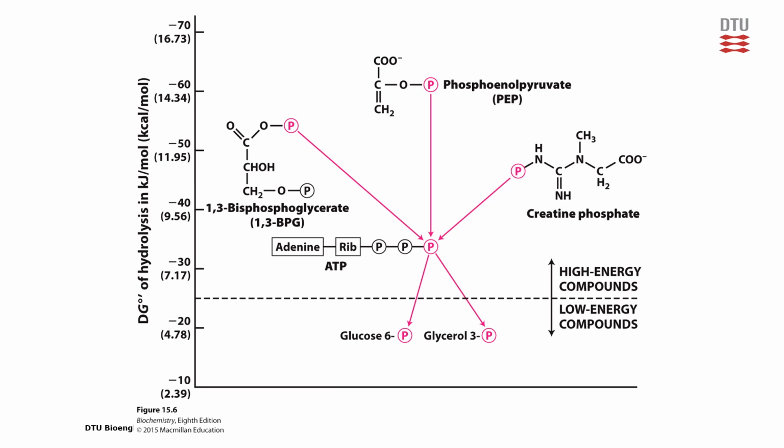Another molecule that we also talk about is phosphoenolpyruvate, and hydrolysis of that from the -60 into pyruvate gives us the ability to do a substrate level phosphorylation of ADP to ATP. Again, it's a reaction we will see in glycolysis.